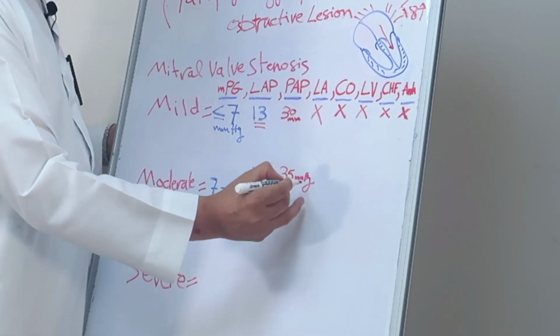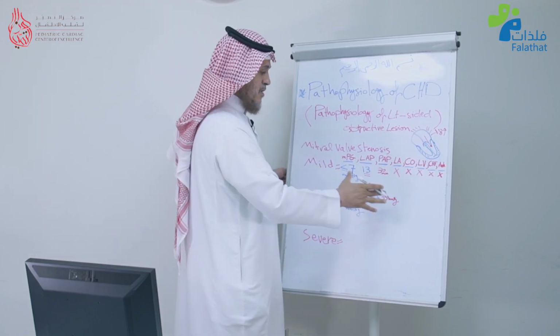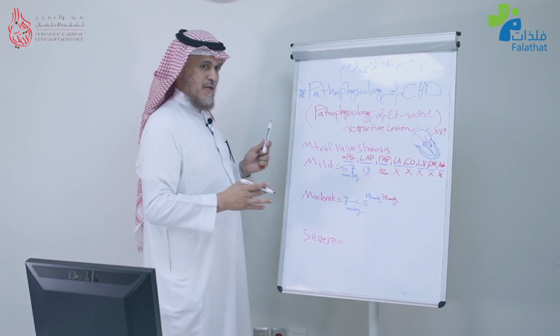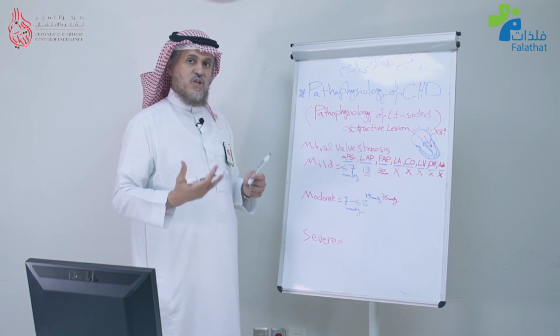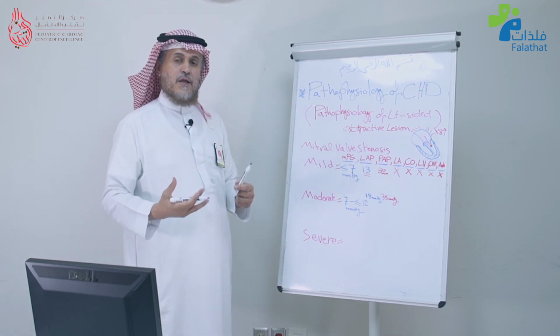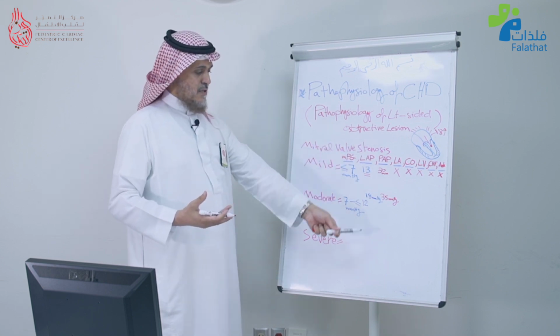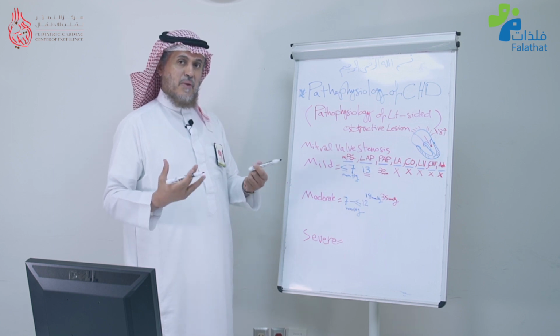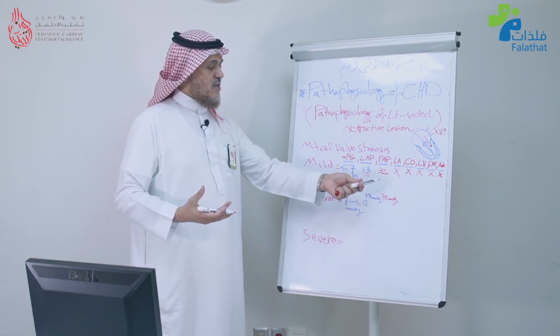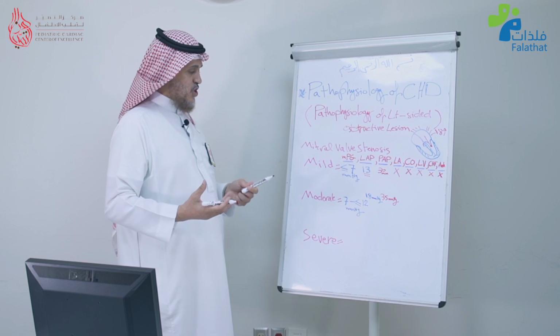You see? Now we are in the moderate PA pressure, knowing that a mean of 50 in the pulmonary artery pressure is considered high or severe. So normal is around 20, high is around 50, and here the mean PA pressure is around 35.